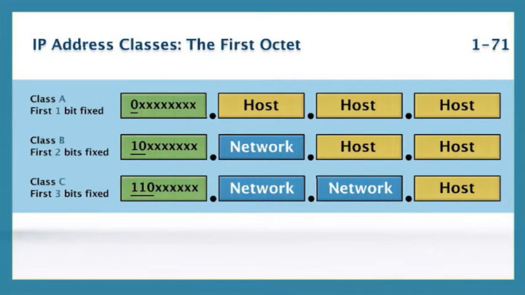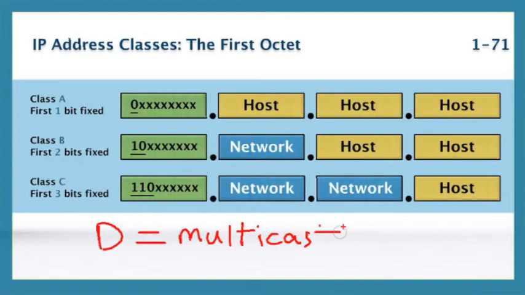Now, you might ask at this point, is there a Class D? And the answer is yes, there is. And Class D addresses are something we'll get into later on in this course. It's for multicast addressing.